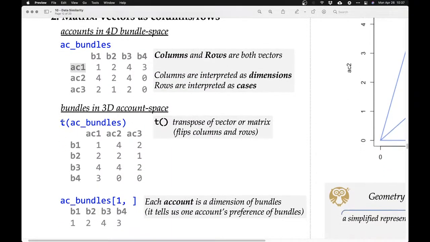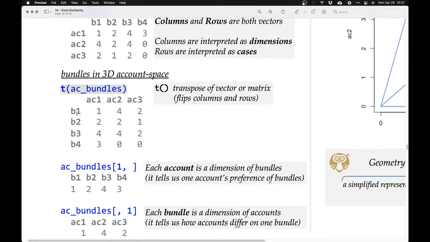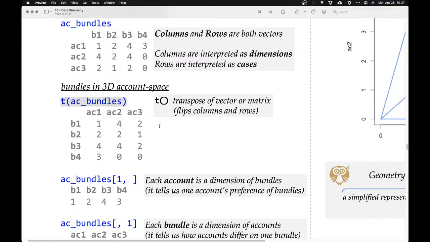If we transpose the matrix, AC bundles, then these bundles exist in three-dimensional account space. Huh, that's interesting. All right. So the accounts live in bundle space, the bundles live in account space. Okay. And three dimensions we could just about visualize, because we have three dimensions.